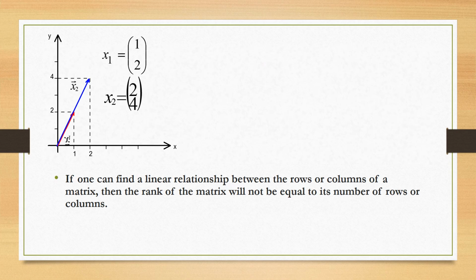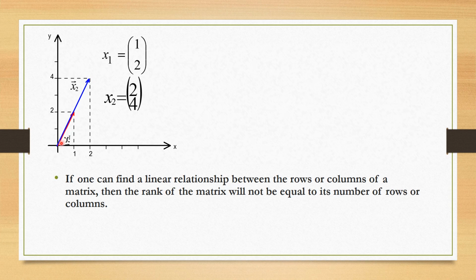For example, we take the same matrix A which we have seen in the idea of determinant. The first column of the matrix is represented by the x1 vector, the second column by the x2 vector. We have seen the determinant of the matrix A constructed by taking each vector as its column is 0, indicating there is no area bounded by these two vectors because these two vectors are linear combinations of each other.